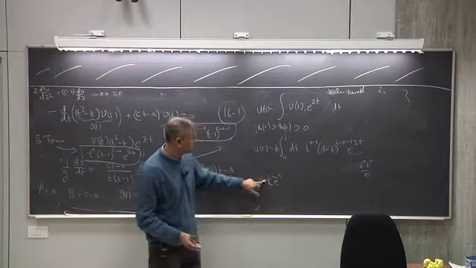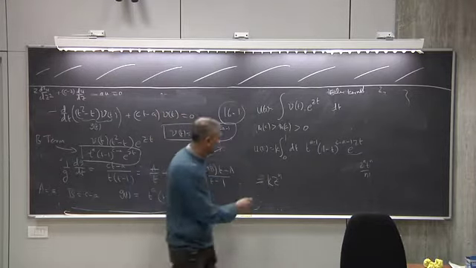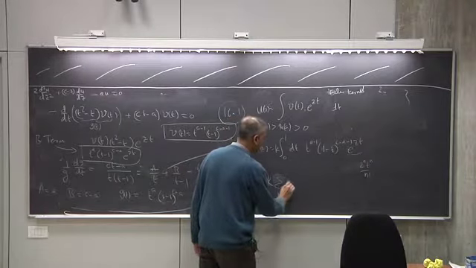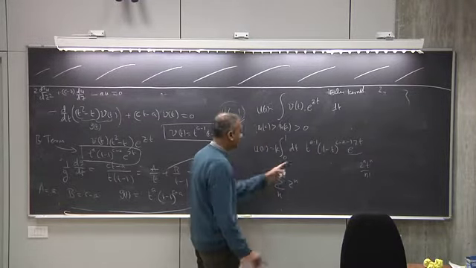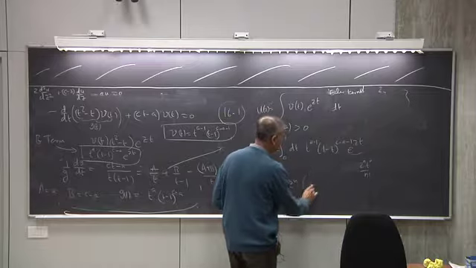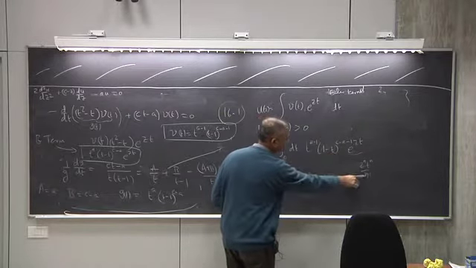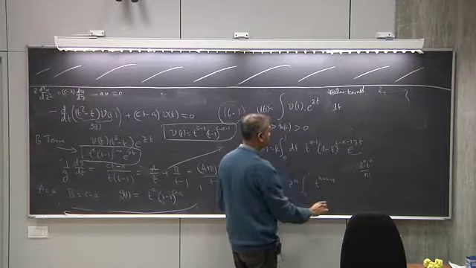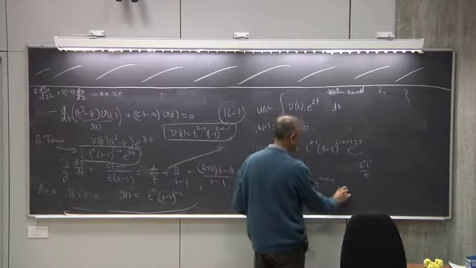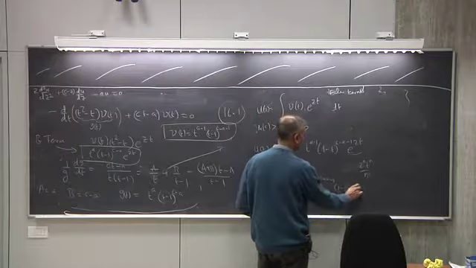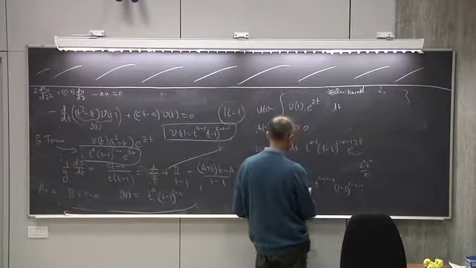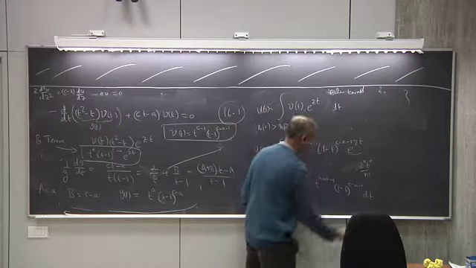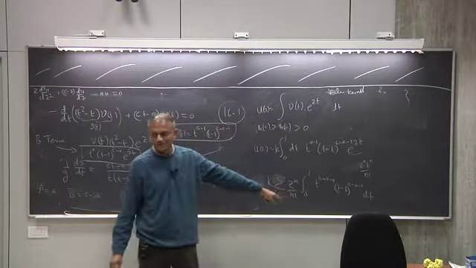So k times z to the n, and then I have this integral from 0 to 1 of t to the power n plus a minus 1, and then 1 minus t to the power c minus a minus 1, divided by factorial n, dt. But this is the beta function, which we have seen, right?